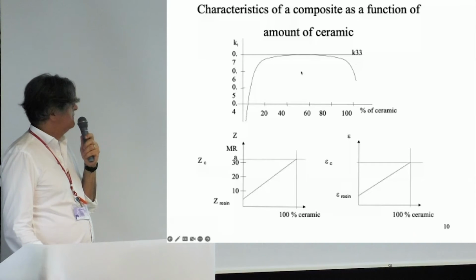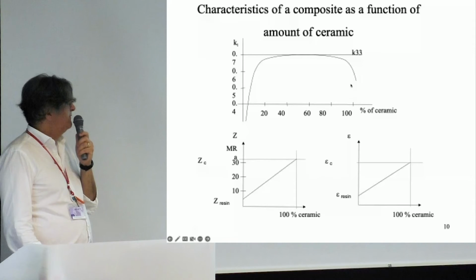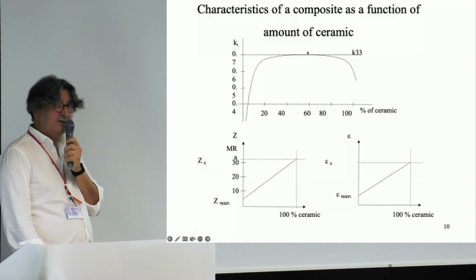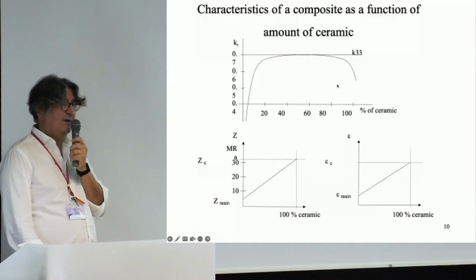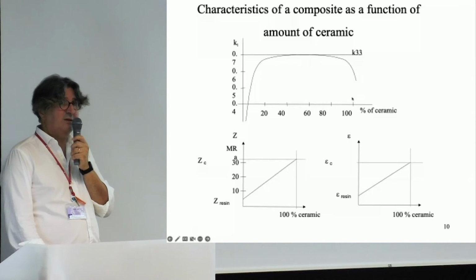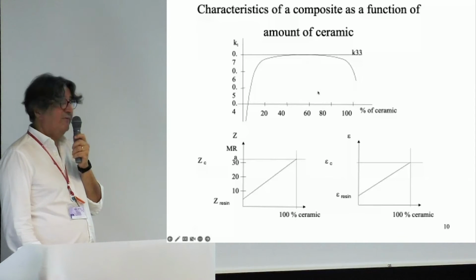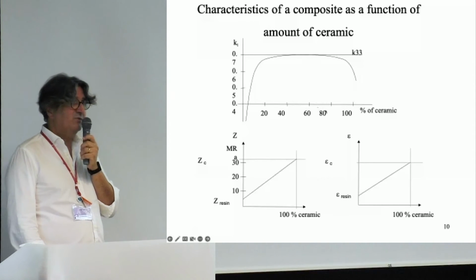And the coupling factor, I will not go into detail, but what was surprising at the beginning is that even the coupling factor of 1-3 composites is higher than the coupling factor of a plain ceramic. The thickness coupling factor of a plain ceramic is lower than that of a 1-3 composite.